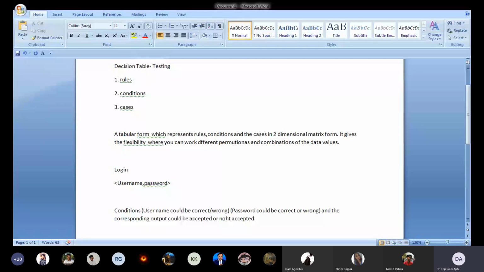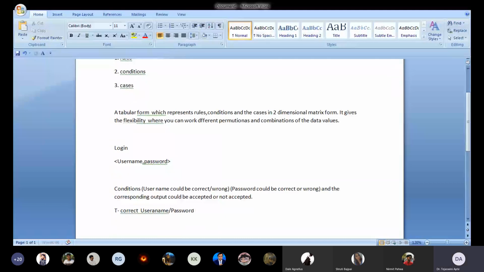In this particular case, I'm just taking care of the login screen, nothing else. I'm going to say true when the username or password is correct, and false for the wrong username and password.